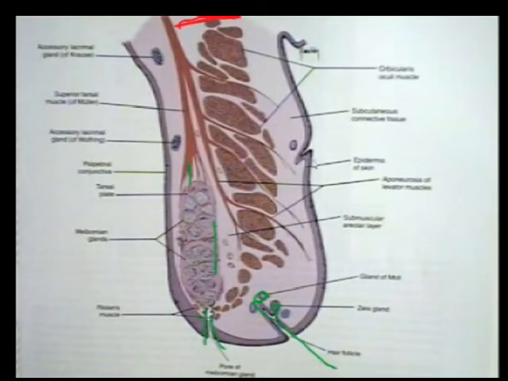All right, so here's another cross-sectional view, giving you a nice close-up of the hair follicle, your eyelash, and the glands of Moll and Zeis that lubricate it. Then shifting toward the back part of the lid, we can see the meibomian gland and the opening on the lid margin.